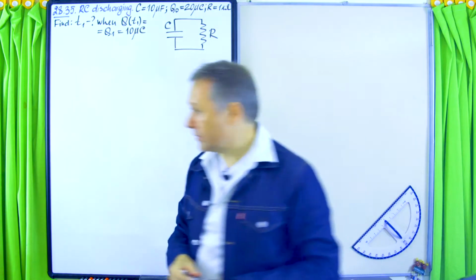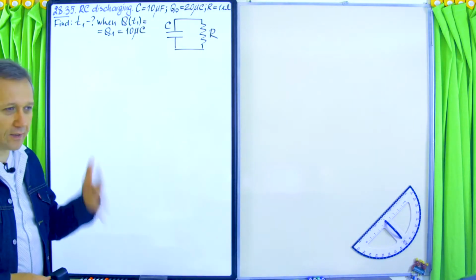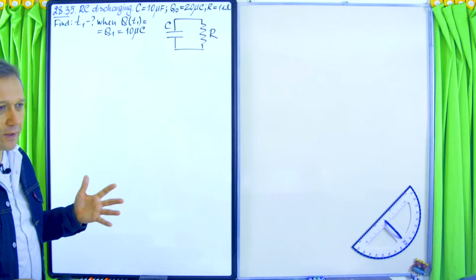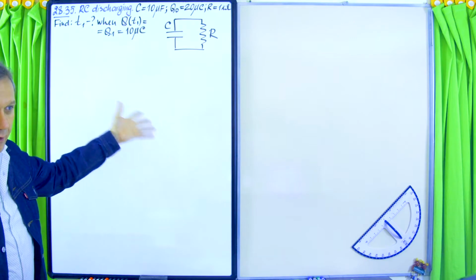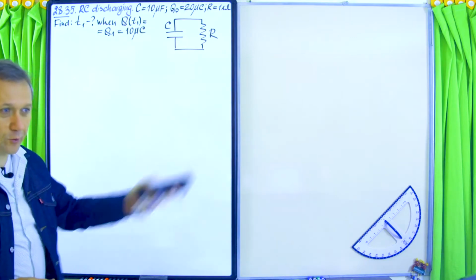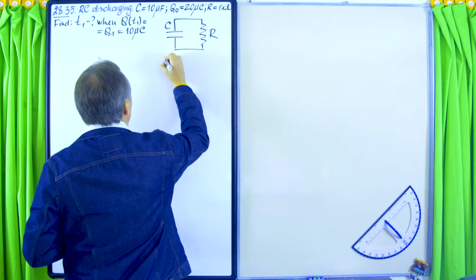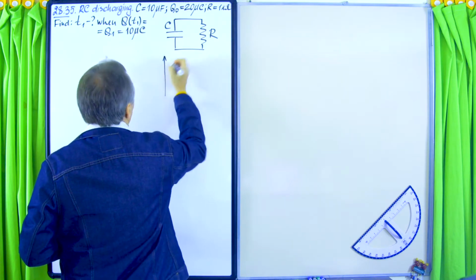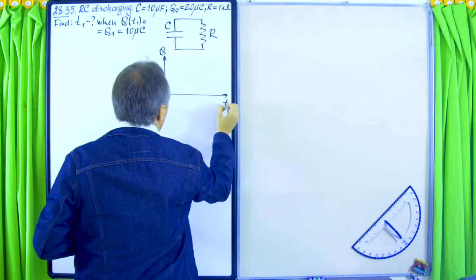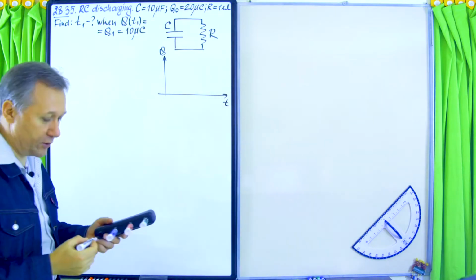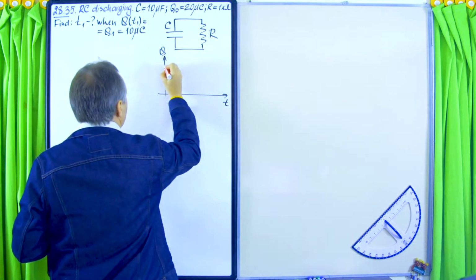So that's the situation. Before I start writing any equations, let me draw a plot, which we drew yesterday, in order to understand what needs to be found. This is charge, this is time. For a discharging situation, what happens with the charge in the capacitor?